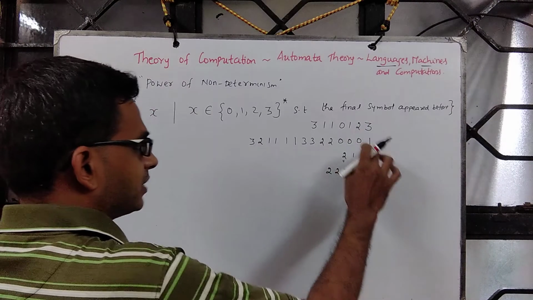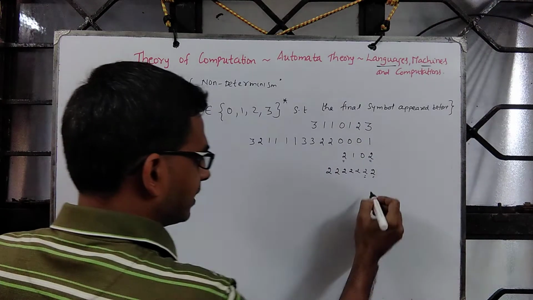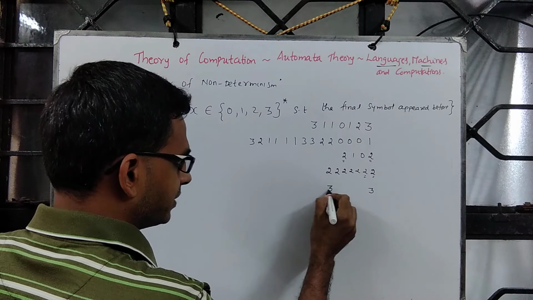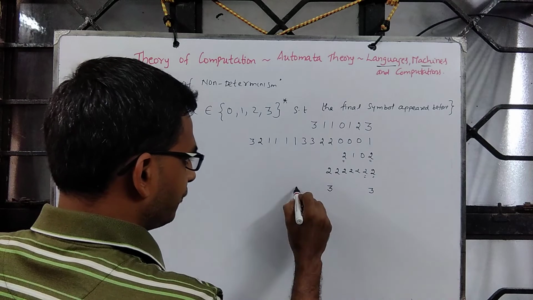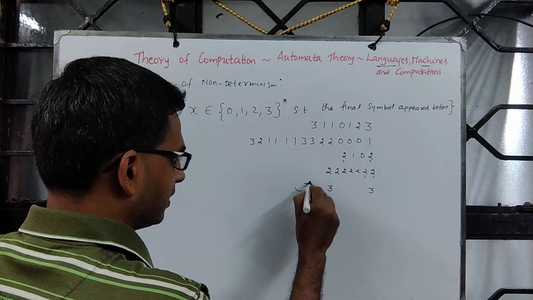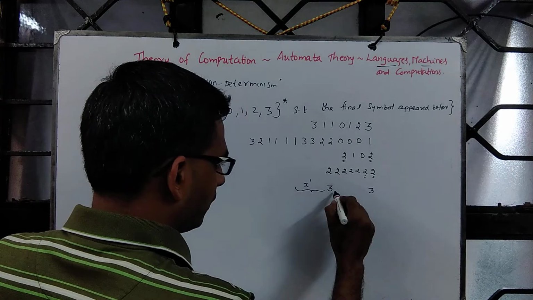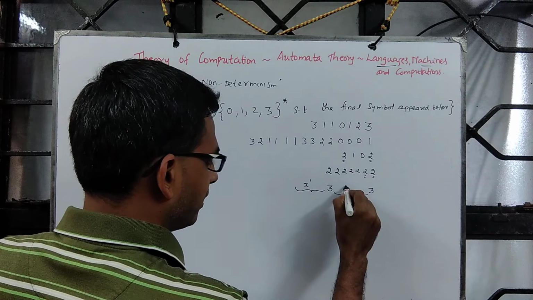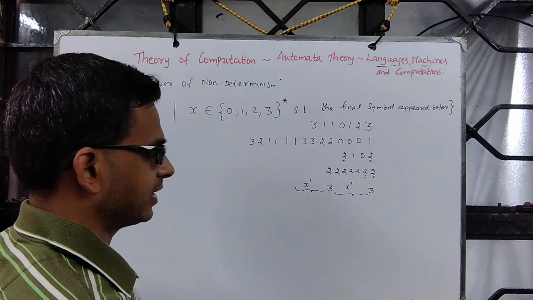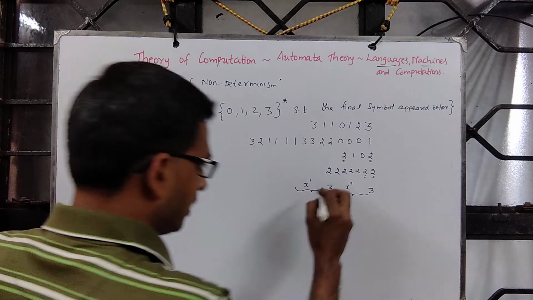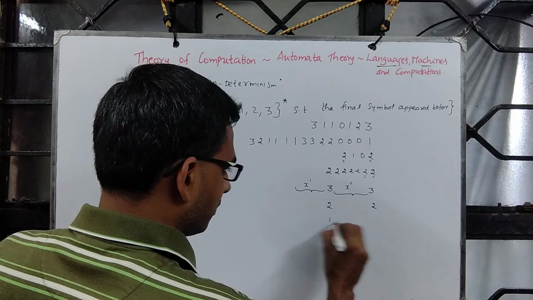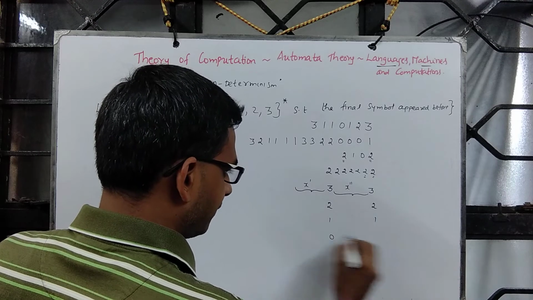Now, possibilities for the final digit are if it is 3, somewhere else we should see 3. Before that, it could be any string over this. Similarly, between also it could be any string over {0, 1, 2, 3} star. And on the similar line, what if it is 2? What if it is 1? What if it is 0?